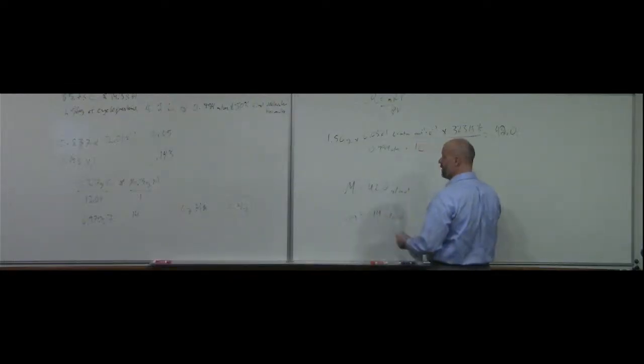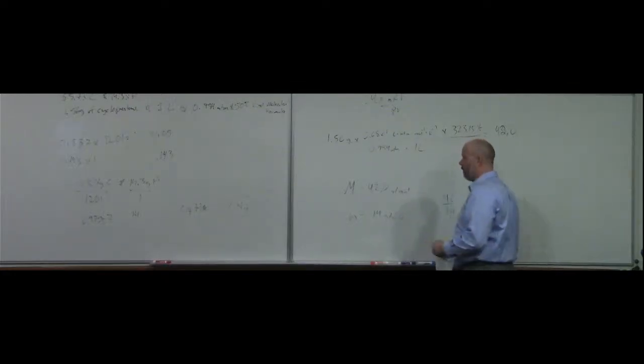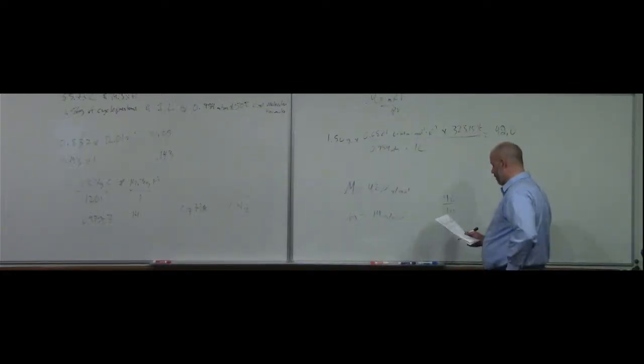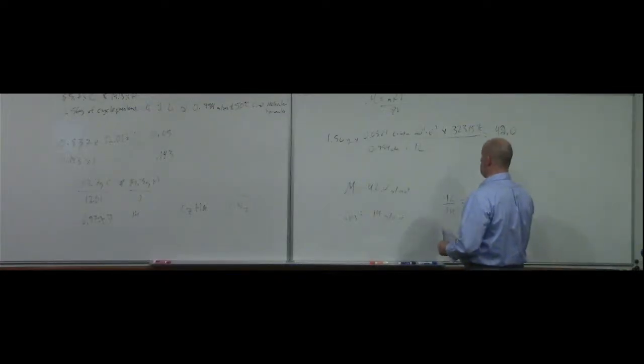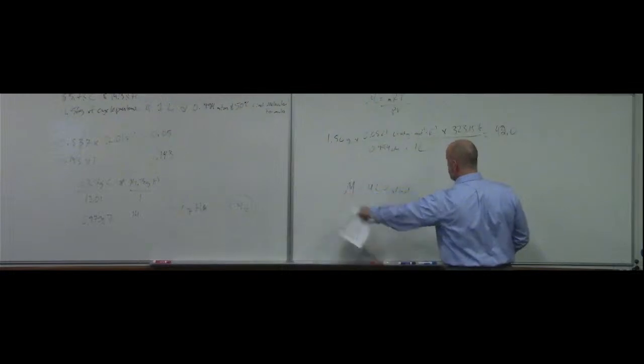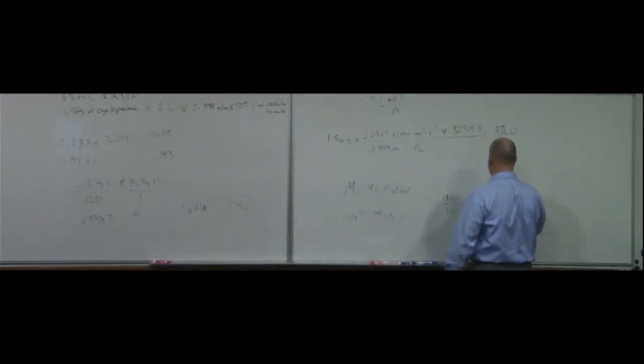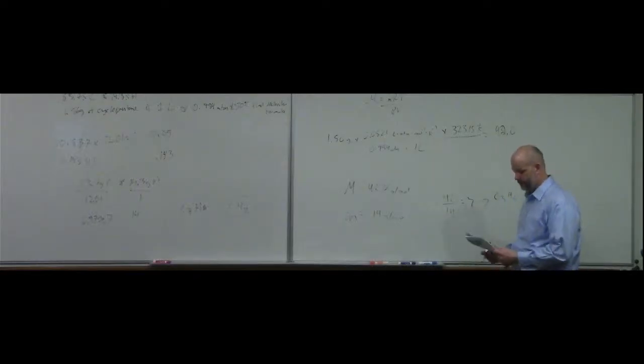So I can divide 42 by 14. And when I do that, what do I get? 3, right? So 3 times CH2 is going to give me C3H6. And that's the correct answer.